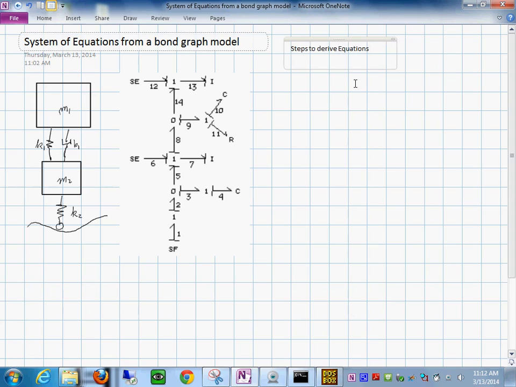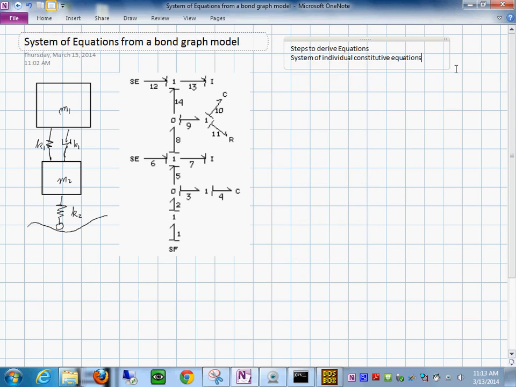The first is what we're going to call a system of individual constitutive equations. Okay, so that's the first kind that we will do.